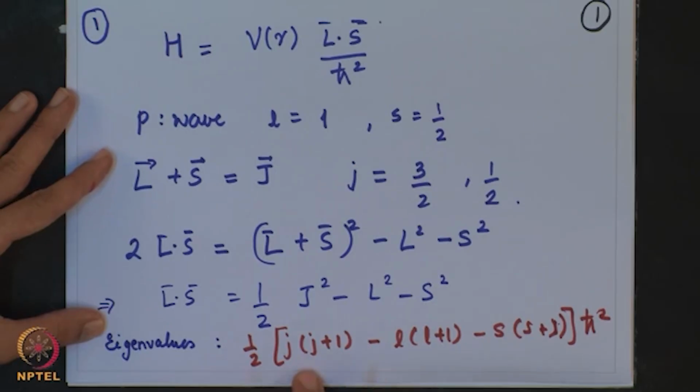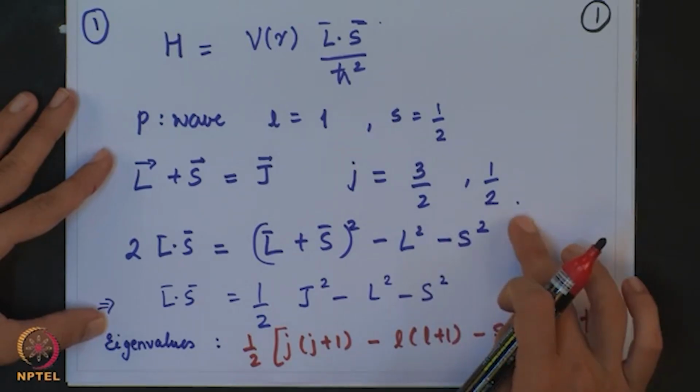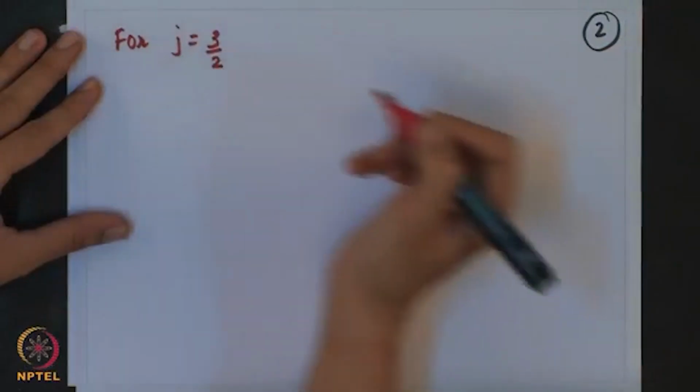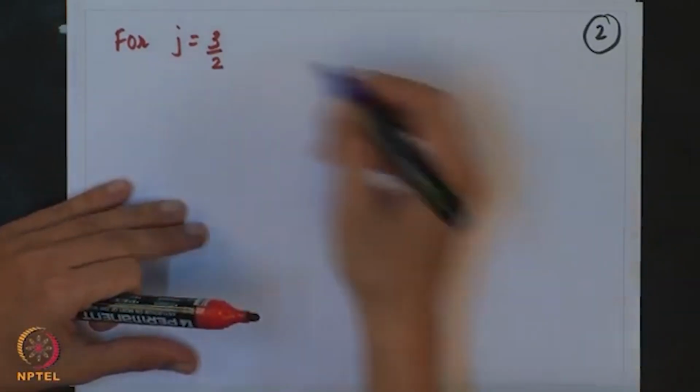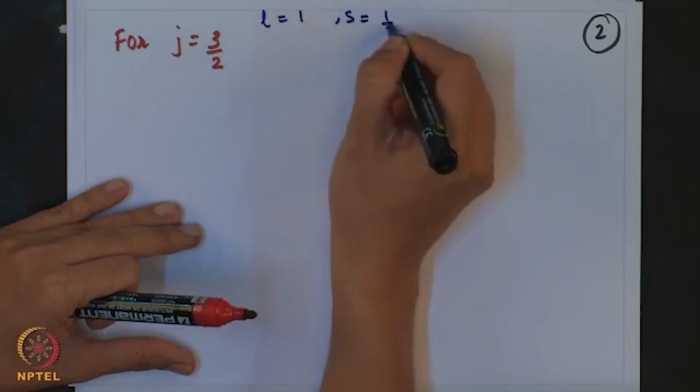So, by putting the value of J, L and S, you can calculate the eigenvalues for j is equal to 3 by 2 and j is equal to half. Okay. So, let us write down explicitly. For j is equal to 3 by 2, we are using L is equal to 1, S is equal to half.